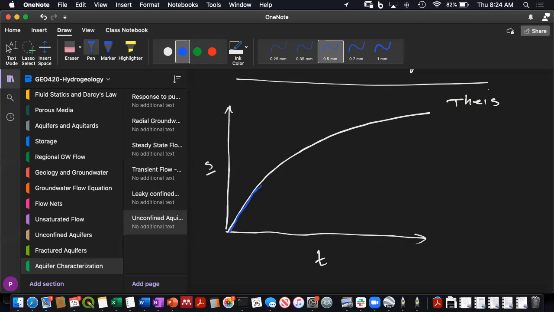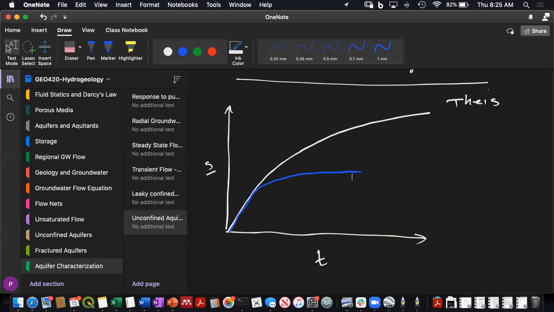And then just like the leaky confined aquifer, I get this fall, my drawdown stops occurring at the same rate as a Theis response because I'm draining pores now and releasing this water. But after a while, the changes in my transmissivity reduce, and that delayed gravity drainage is really far away from my well.